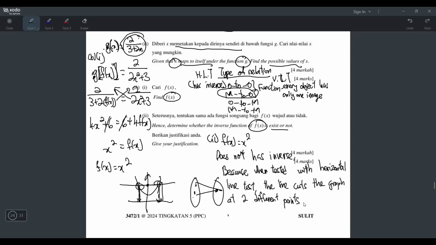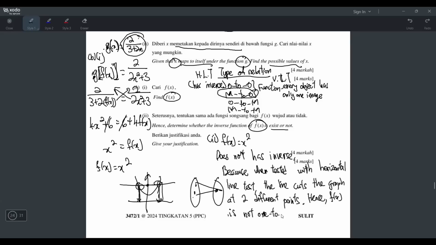Okay, if you stop here, it's good enough already. But if I want to be more safe, I can also say, hence, f(x) is not one to one. It's not a one to one relation.